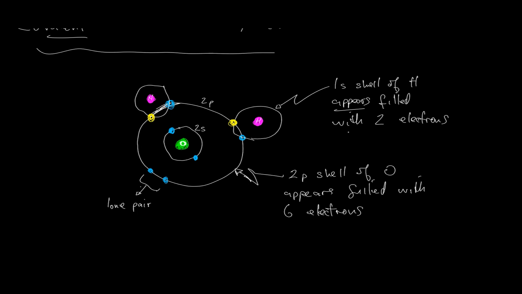So this is what the sharing does. The sharing sees 2 advantages, and that's why we have lots of bonding between 2 hydrogens and an oxygen, and that's the reason why water is so abundant. There's a lot more to bonding and weak bonds and strong bonds, etc. But this is the essence of it all for you.